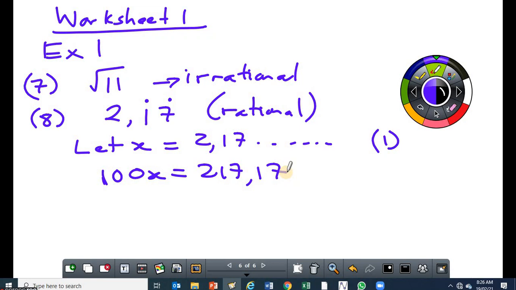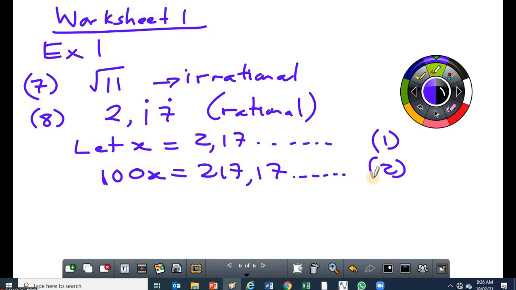So when you multiply by 100, it means that the 2 digits, that 1 and that 7, are going to move to the left. That's why we end up having this 17. Then you must put dot dot there to indicate that there are other digits, that is 1s and 7s after.